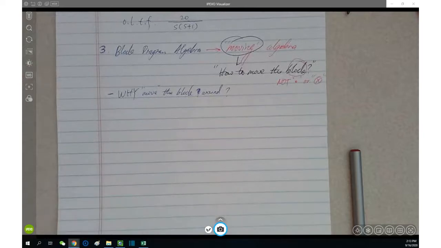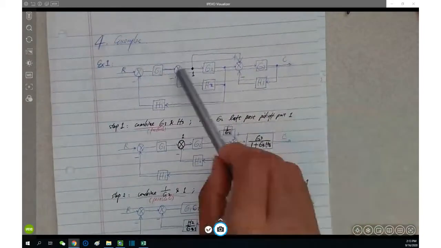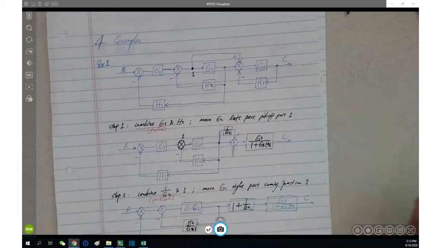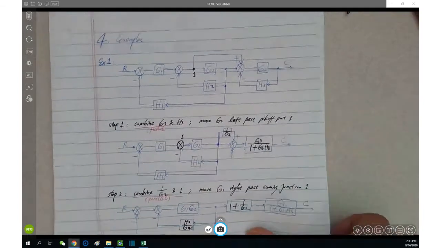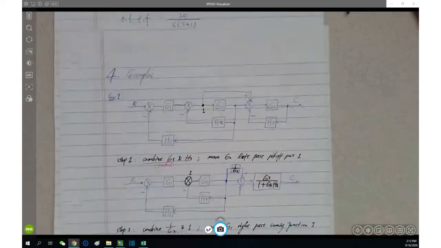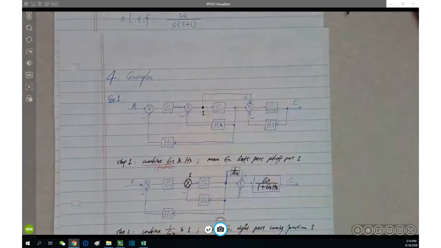Give you an example we're gonna conduct next lecture like this. You see how many blocks here connected in certain ways, right? So my question is why we need to move them around. Any possible reason you can imagine or guess?